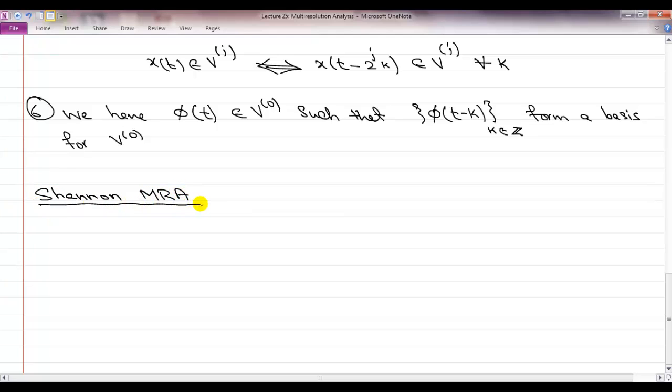which is basically thinking of your L2(R) as successive approximations of band-limited functions.